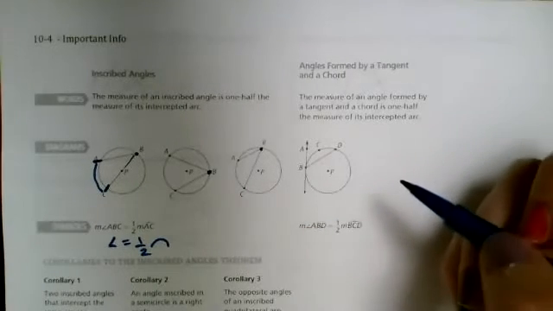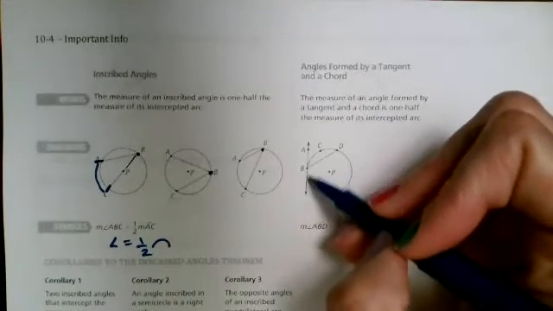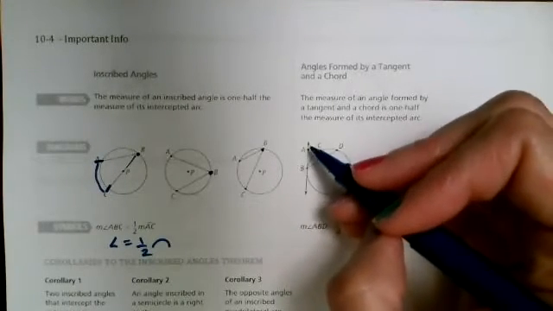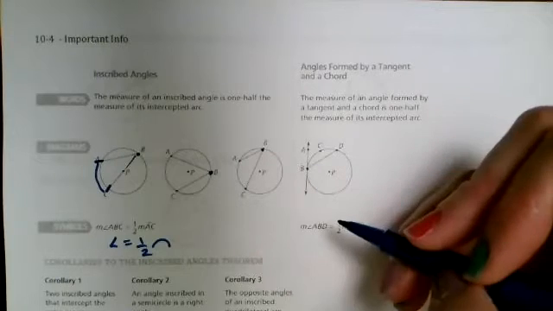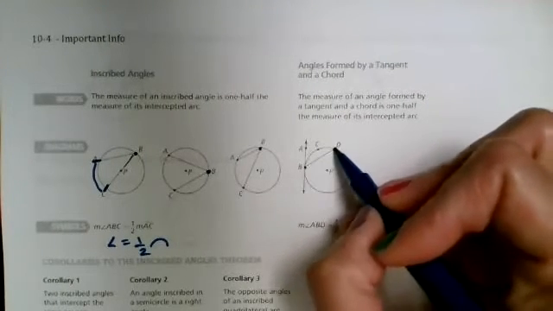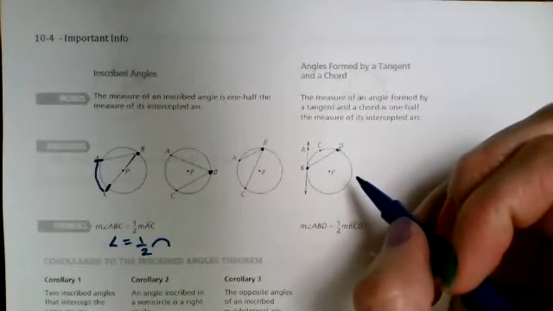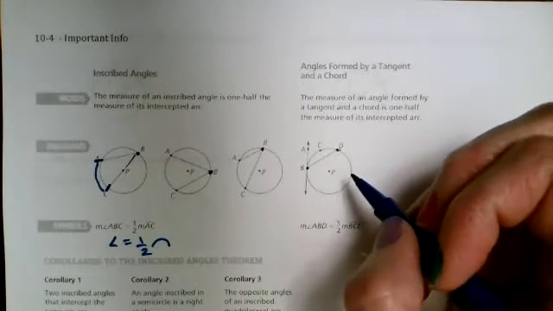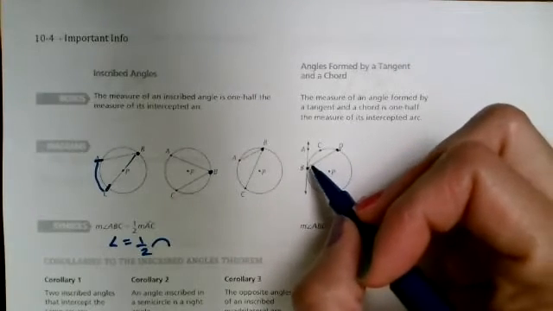Okay, the other formula that was in this section is when you have a tangent. A tangent, remember, is a line or segment that touches the circle at only one point on the outside of the circle. And a chord, remember, has endpoints on the circle. When they intersect, the measure of the angle formed by the tangent and the chord is half the measure of its intercepted arc.